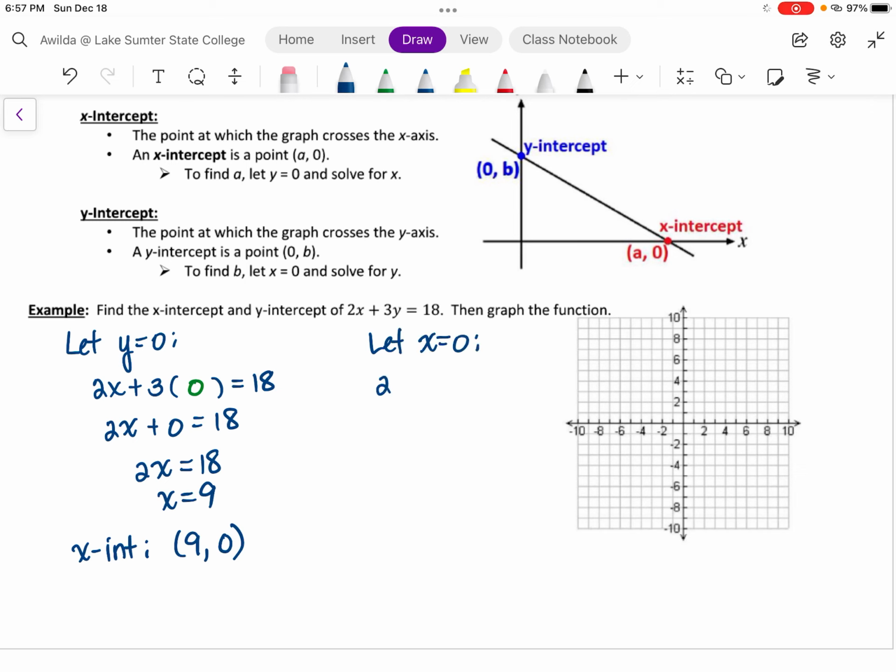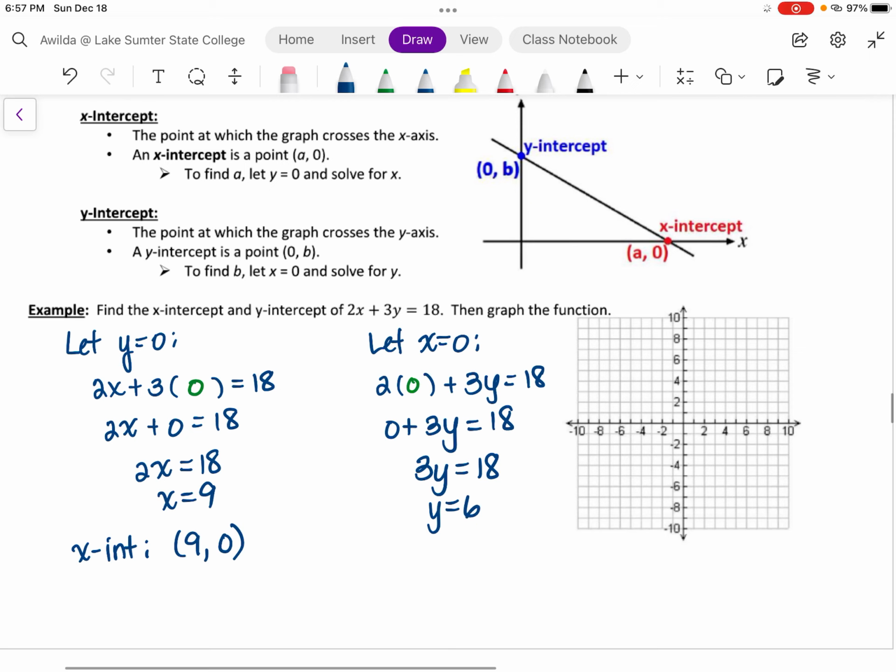So we have 2 times 0 plus 3 times y equals 18. 2 times 0 is, of course, 0, so we have 0 plus 3y equals 18, or 3y equals 18, which gives us that y is 6. That means that the y-intercept is the point 0, 6. 6 is what we got for y per our calculation, and 0 is what we chose as the value of x.